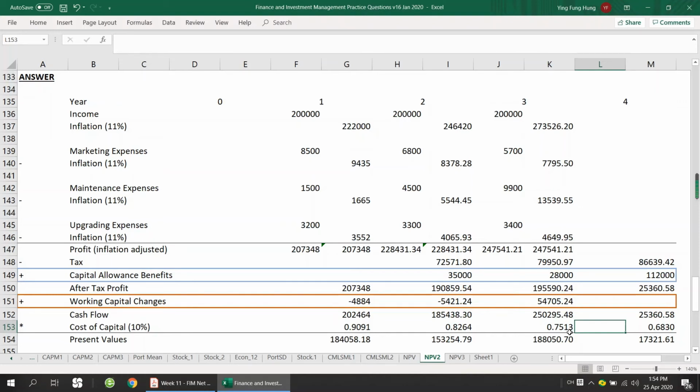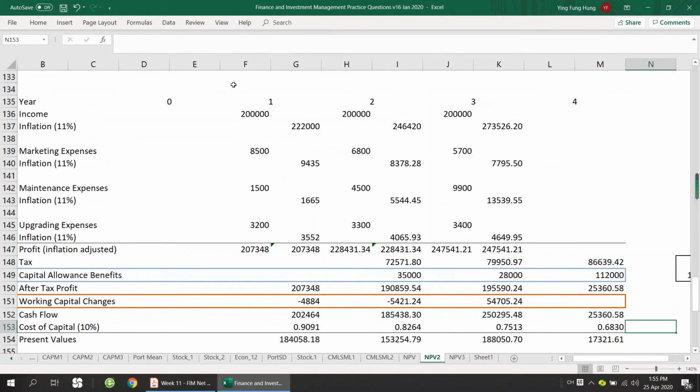And for year 4, the discount factor is going to be even smaller than year 3 by 10%. If we apply this formula, taking the discount factor of 0.7513 and dividing it by 1 plus the 10%, this will give us a discount factor of 0.6830, which is equivalent to 68.3%.